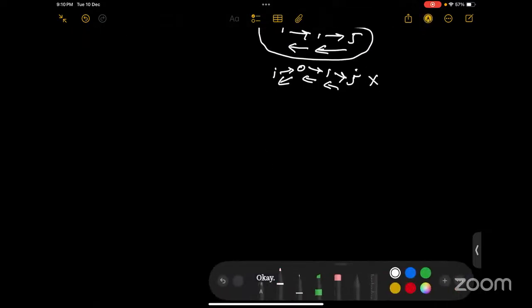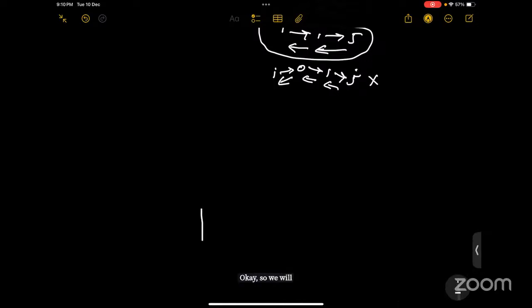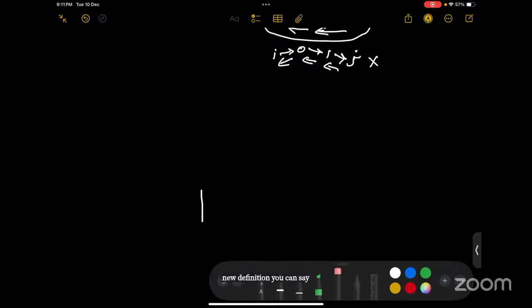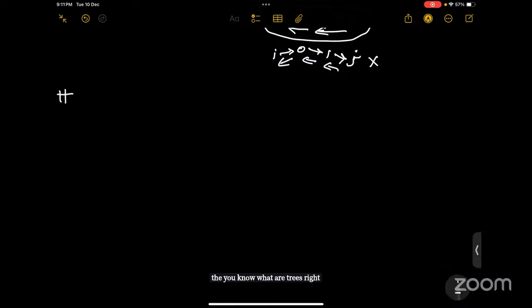So we will next move to a new thing, new definition, you can say. You know what a tree is, right? We also know some properties, that if we add one edge to a tree, it will form a cycle, right?